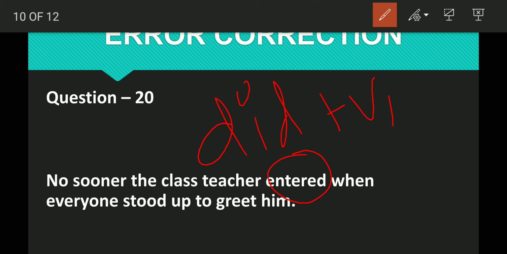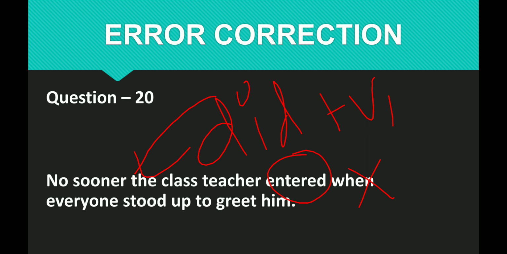So we can use did over here. No sooner did the class teacher enter than everyone stood up to greet him will be the right answer. I'm repeating once again: no sooner did the teacher enter than everyone stood up to greet him. This is the right answer.